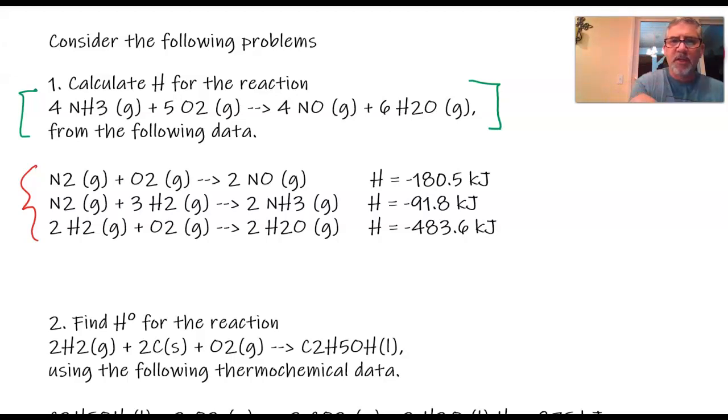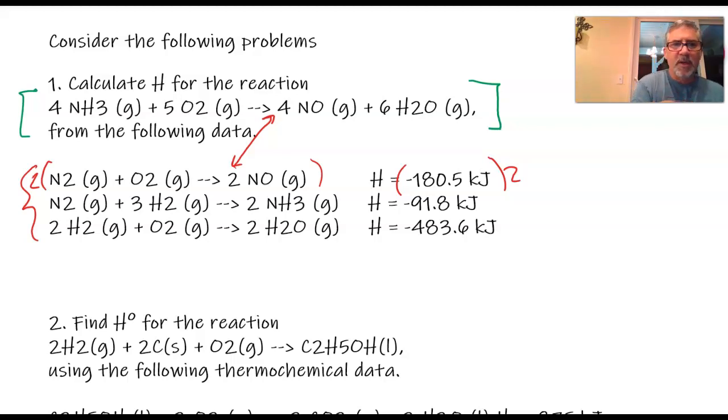But we're going to start looking at things. So if you see here, I have 4 moles of that and 2 moles of that. Right? So I'm going to have to multiply this whole equation by 2 to get 4. Right? So because I multiply that by 2, I'm going to have to eventually multiply that by 2.